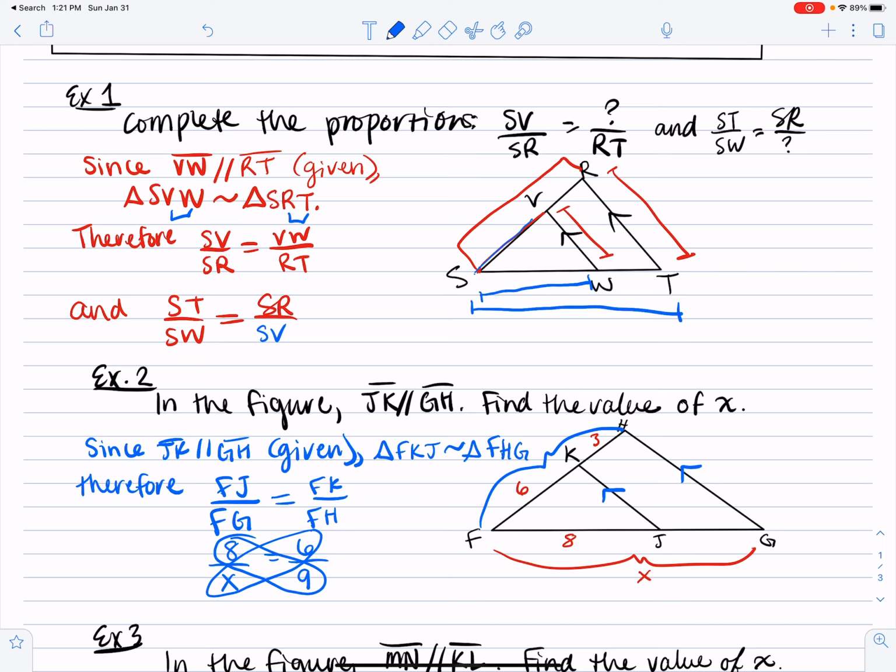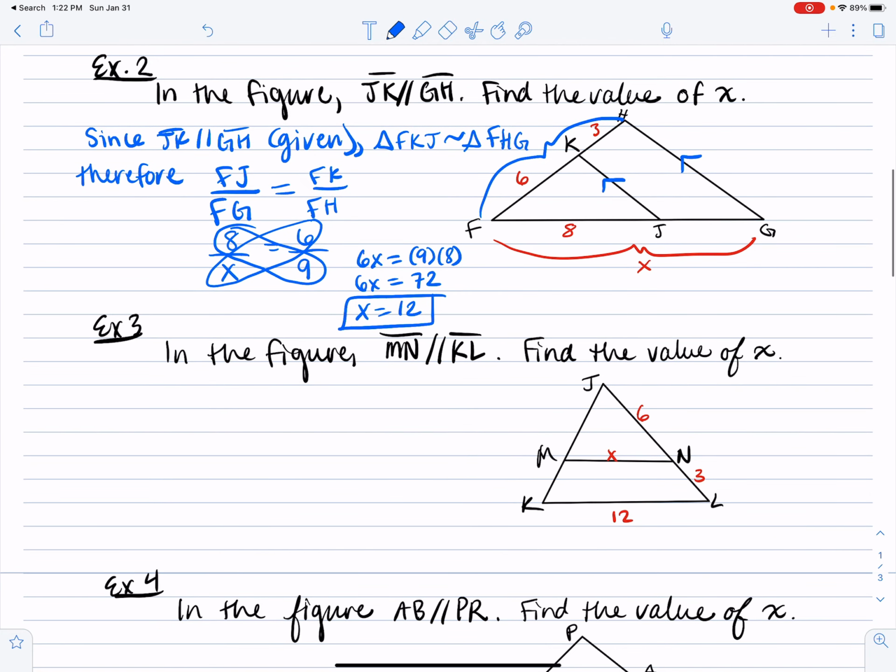So this is going to be 6x equals 9 times 8, which is 6x equals 72. And that's going to be divided by 6, so x equals 12. Okay, and that's it. Since it doesn't give inches or anything, we don't need to write units.